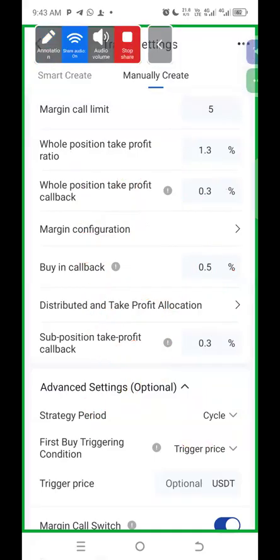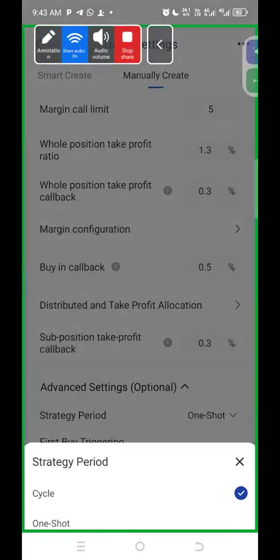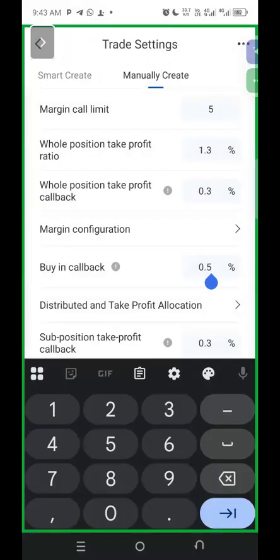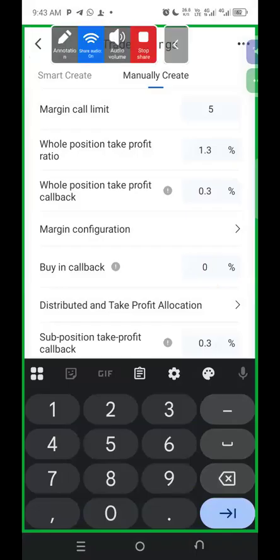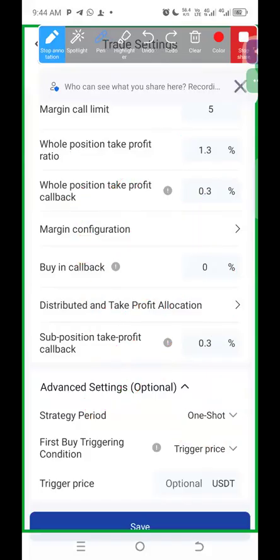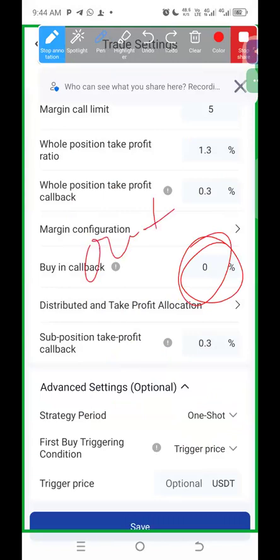So, if it's one time taken, I'll just change it to one shot and be free. You get back here, your buying call to be zero. Now, the last time I explained this, I said if you want more profits, don't put your buying call back to zero. But if you want to be out of the market without any hesitation, then put it on zero.